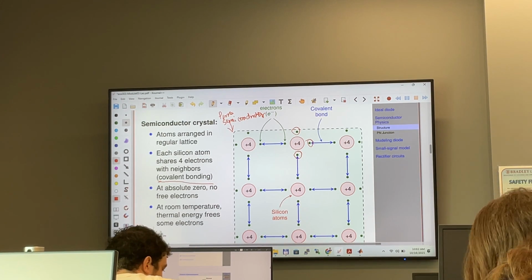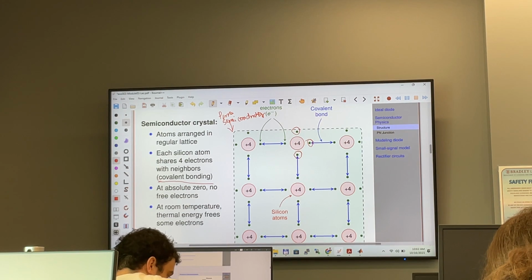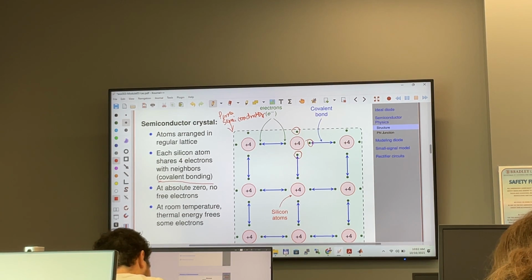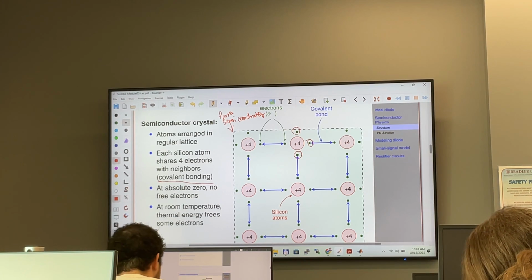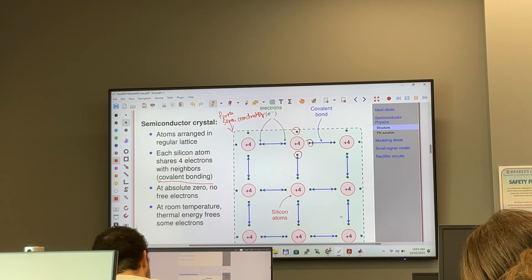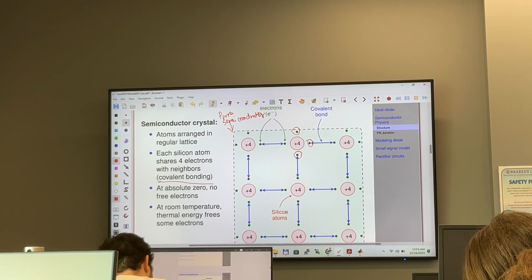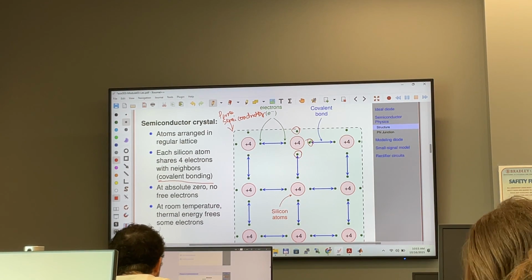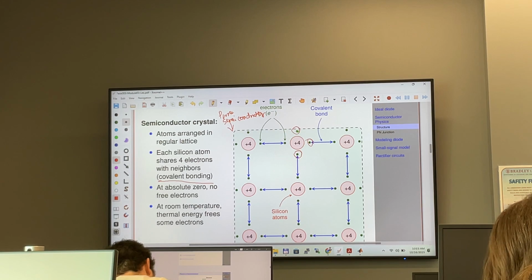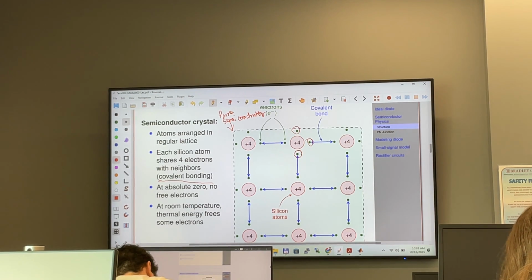So each silicon atom is in covalent bonding through 4 arms like that. The structure of the pure silicon semiconductor will be like this. These are silicon atoms, and the 4 electrons are holding the other 4 atoms.